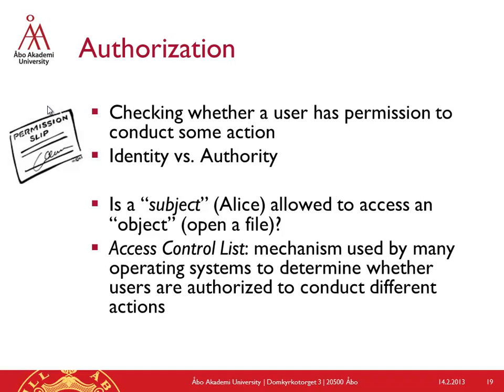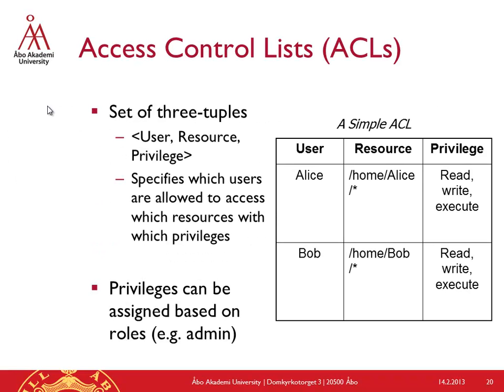Usually these things are performed by access control lists, or ACL. This access control list is usually composed like these tables, and this particular example shows how access control lists are composed for home directories for particular users. So we have our users, Alice and Bob, and they have their own resources, their home directories, and you have privileges to access their own directories.